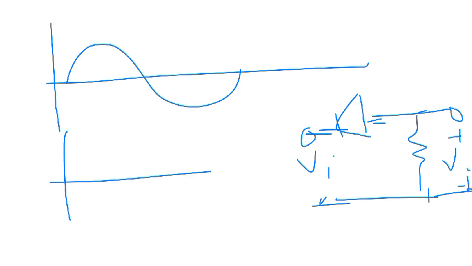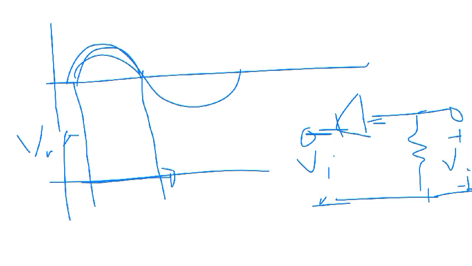This is the output waveform. Up to here, in this cycle, the output must be 0, because the diode is reverse biased. During the negative half cycle, from here, this diode turns on, so the input directly appears at the output terminals.